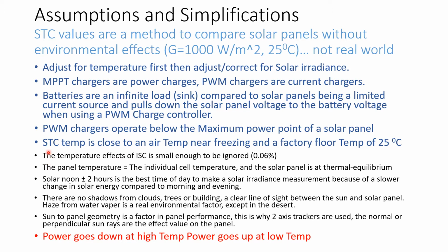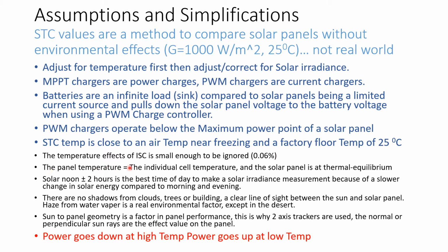Some other considerations, I am going to assume the effects of temperature on the short circuit current is small enough to be ignored. That's because the temperature coefficient for short circuit current is 0.06% or less.